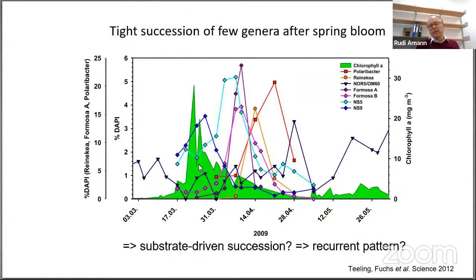And with the onset of a massive input of phytoplankton biomass, there's a tight succession of different genera. Is this pattern recurrent? That was a question of the early decade 2000, I would say 11, 12 into 2014, 15. That was our question about 5 to 10 years ago.